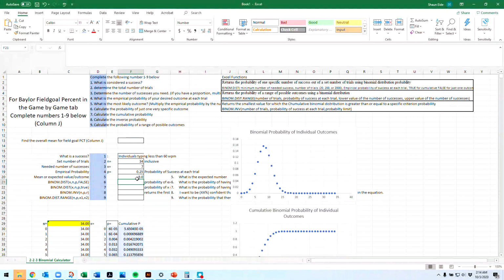Okay. Then binom.dist. So this one right here, if I want to know what's the probability of exactly 7 successes, or exactly 7 individuals, well, actually, since the most likely outcome is 9, we can actually do 8.